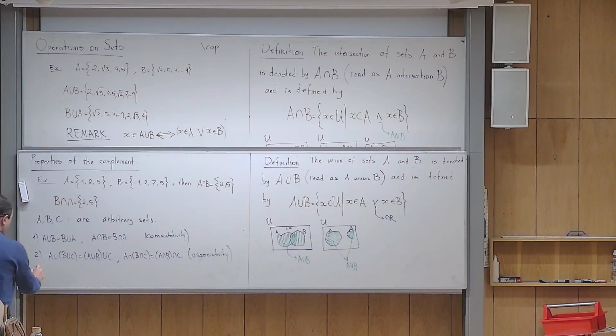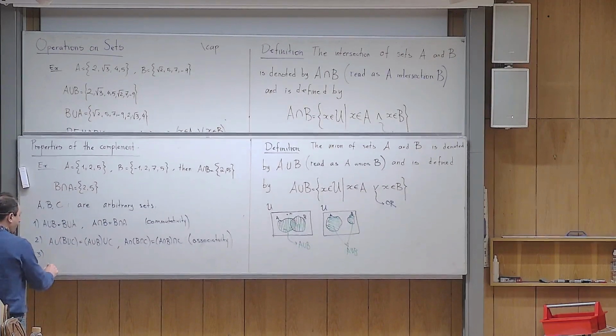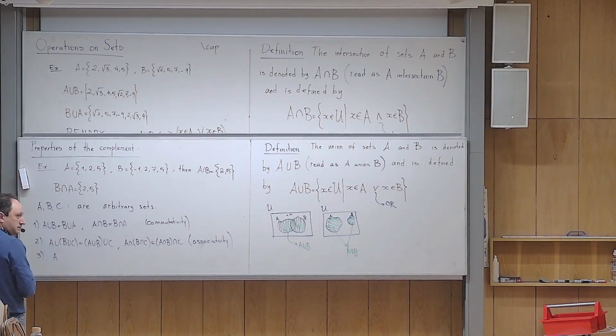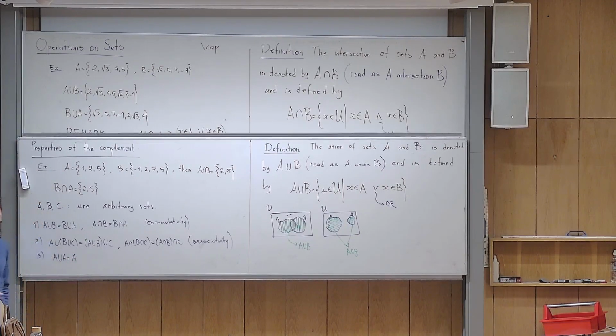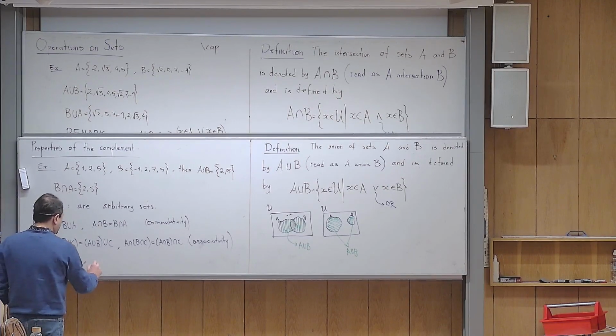Okay, so number 3. Can you tell me what happens if I take a set and union it with itself? What will happen? Yes? Nothing. So nothing means it will be the same set. So A union A is A. It's a formula. What do you think will happen if I intersect a set with itself?